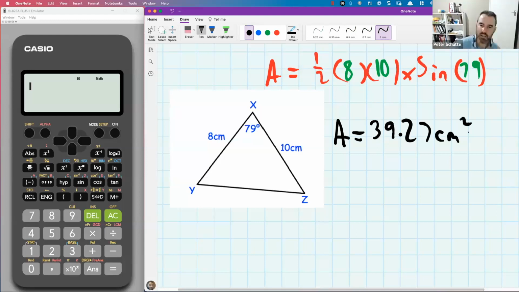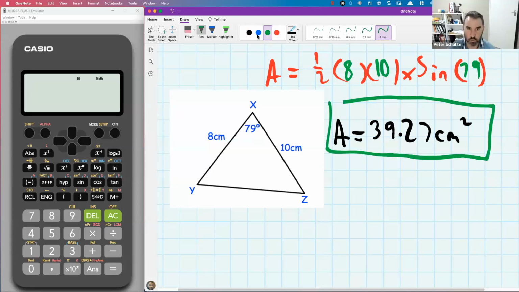To give you some interpretation of what that means, we literally mean you can almost fit 40 squares that are 1 centimeter by 1 centimeter inside of this. If you've ever wondered what area actually means, the reason you say centimeter squared is you're literally saying that's how many little squares of 1 centimeter by 1 centimeter fit inside the triangle.